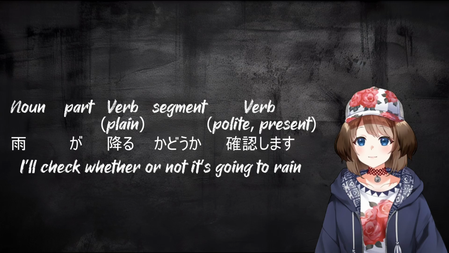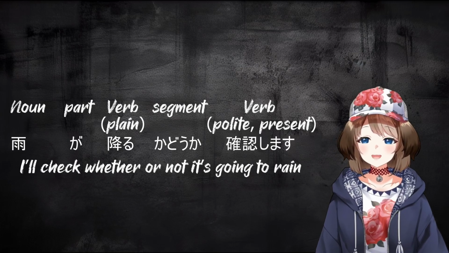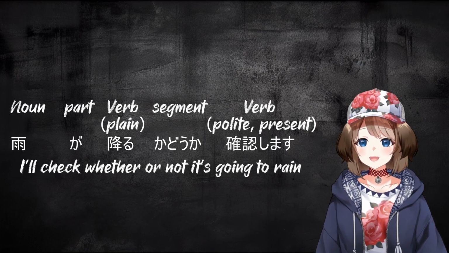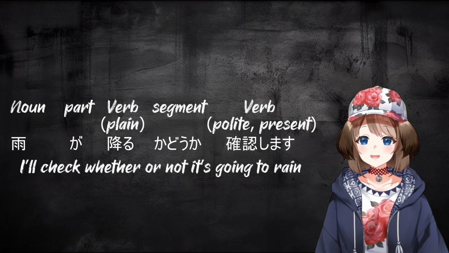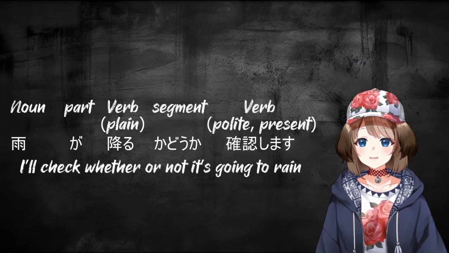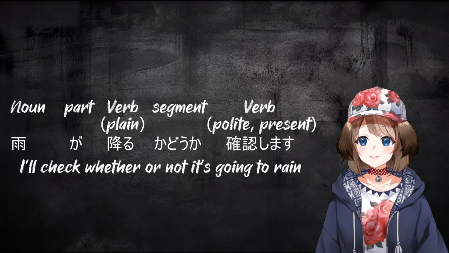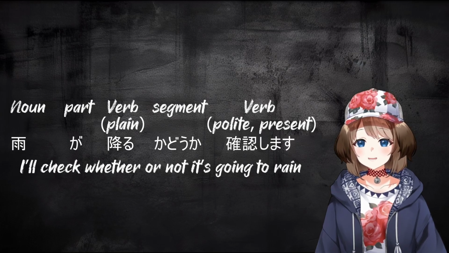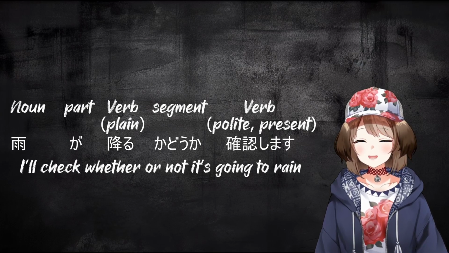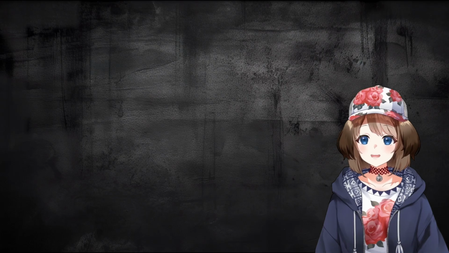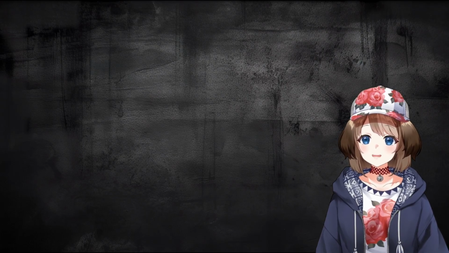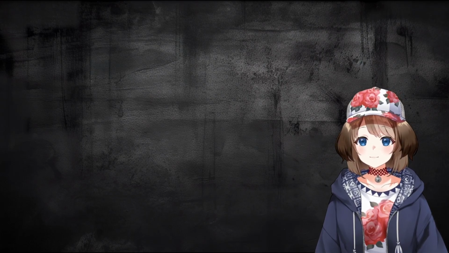It might be, I need to check, or I'm worried about, or I'm concerned about, or I know, or I don't know. And that's why a lot of ka do ka sentences are going to end in something like, shirimasen, I don't know, or wakarimasen, I don't understand, or kakunin suru, I'm going to check. Now, lastly, we can also use this same grammar pattern with either type of adjective.